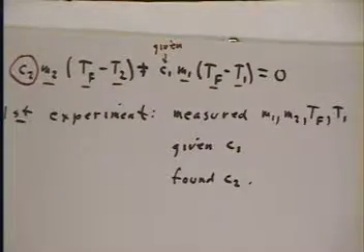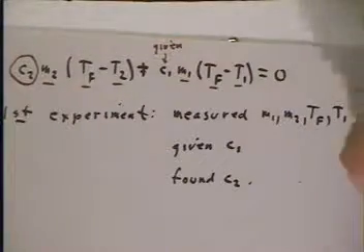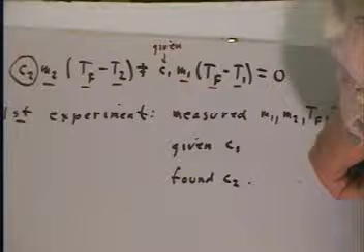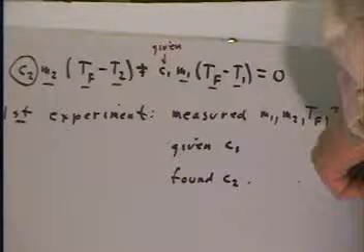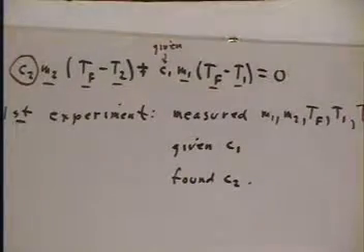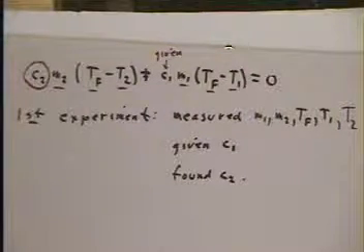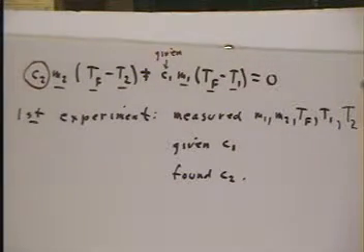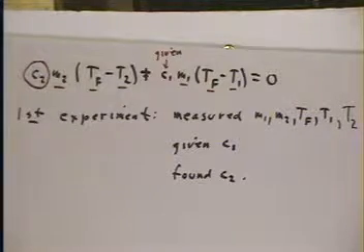And I didn't list it, but we also measured temperature T2, the initial temperature of the rock, or at least we assumed that that temperature was equal to the temperature of the water in which the rock was boiling. The rock wasn't boiling, the water was boiling.